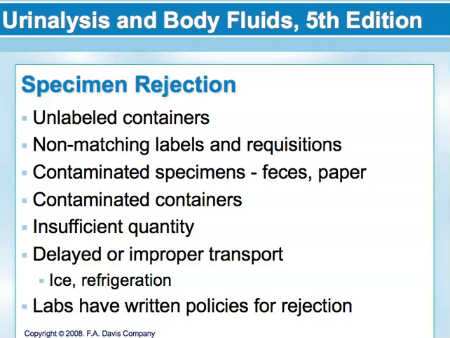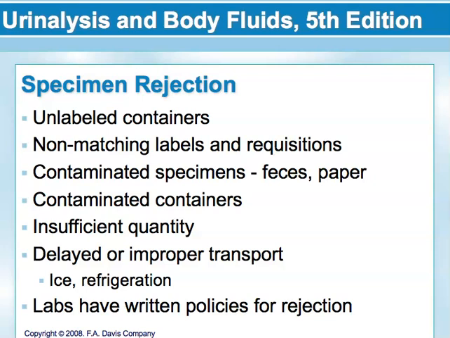Okay, specimen rejection. Each lab is going to have their own written policy for what is acceptable and what is non-acceptable for specimens. So they're going to each have policies for rejection. An unlabeled container, that's going to be standard in any lab. If you receive a specimen in the lab, whether it's urine or blood or anything else, if it is not labeled with that patient information, then you can discard it.